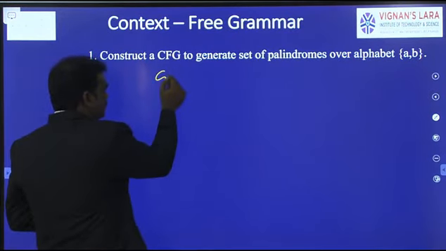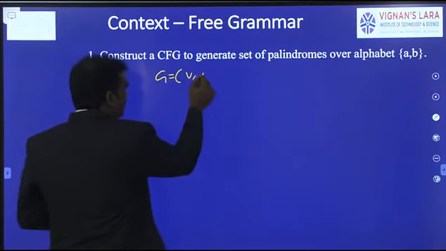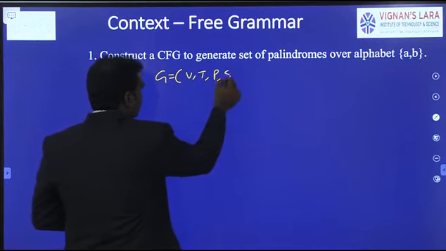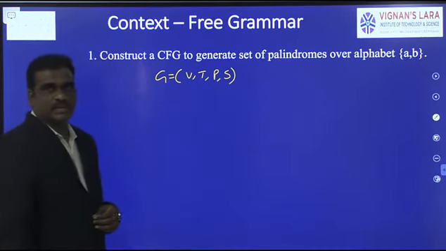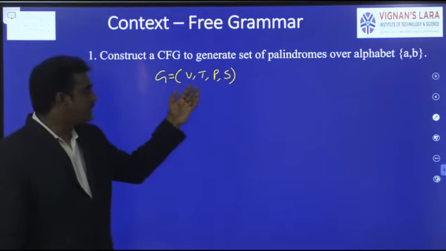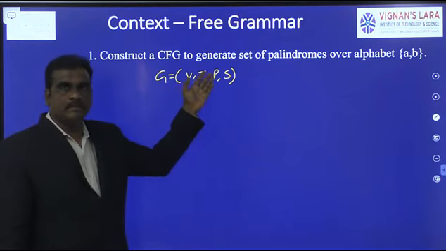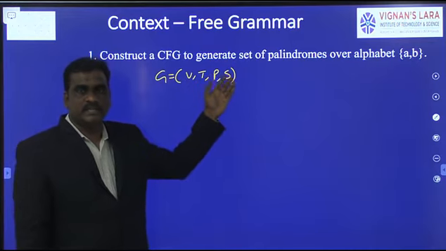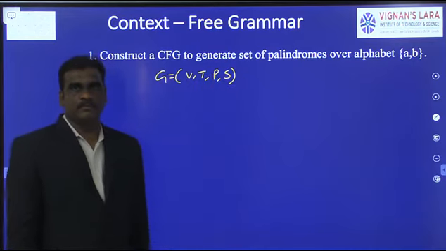G equal to V, T, P, S. V means variables, T means terminals, P means the set of productions, and S is the starting symbol of the grammar.